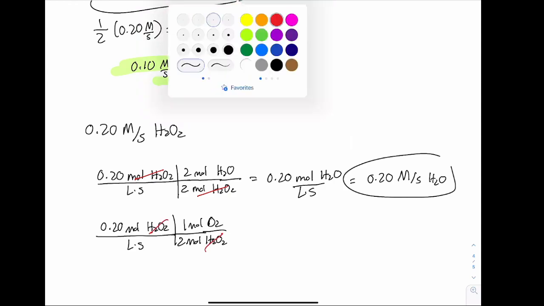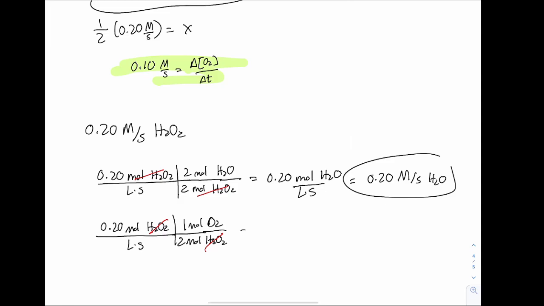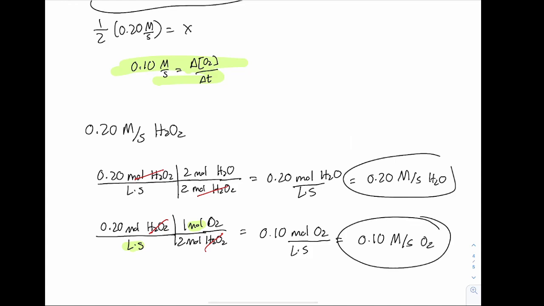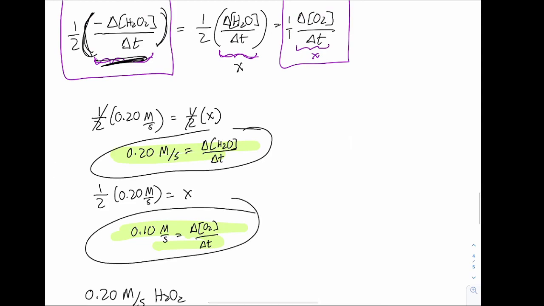Hydrogen peroxide cancels. 0.20 multiplied by 1 divided by 2 gives me 0.10 moles of oxygen. Sorry, I keep on getting those goofed up. Hydrogen peroxide canceled, per liter seconds, right? The units that are left. And rewriting that in units that look a little bit more familiar, again, the same answer that we got up here.